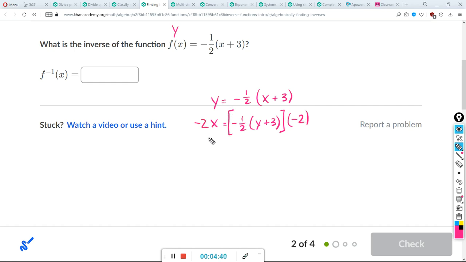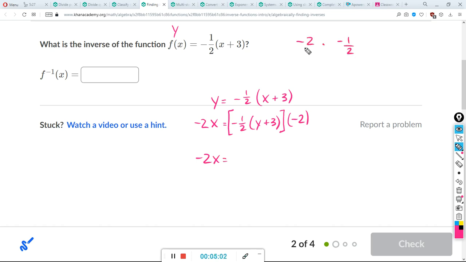I used the brackets here because it's times the whole thing. So we have negative 2x equals, and on this side, I can do negative 2 times negative 1/2.